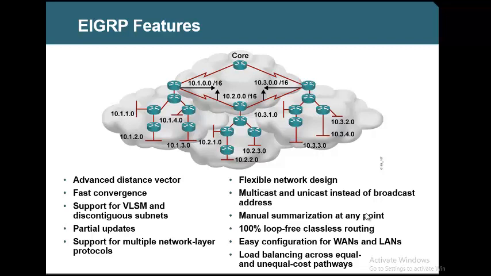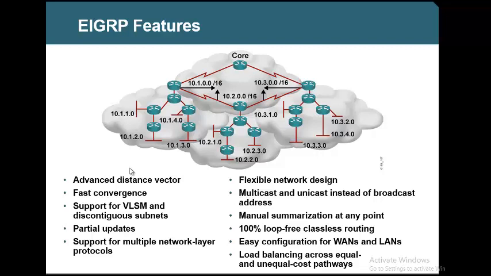As soon as it throws the old route, again the routing table looks into the topology table. Yes, EIGRP maintains backup route as well in the topology table. Not only the primary route, it also maintains the backup route.